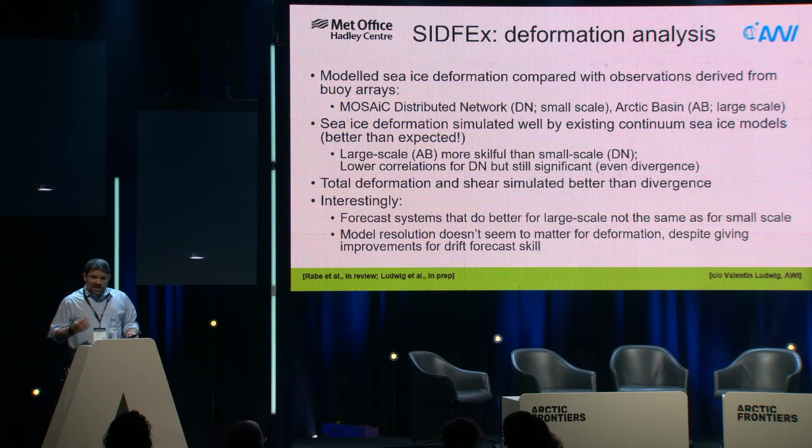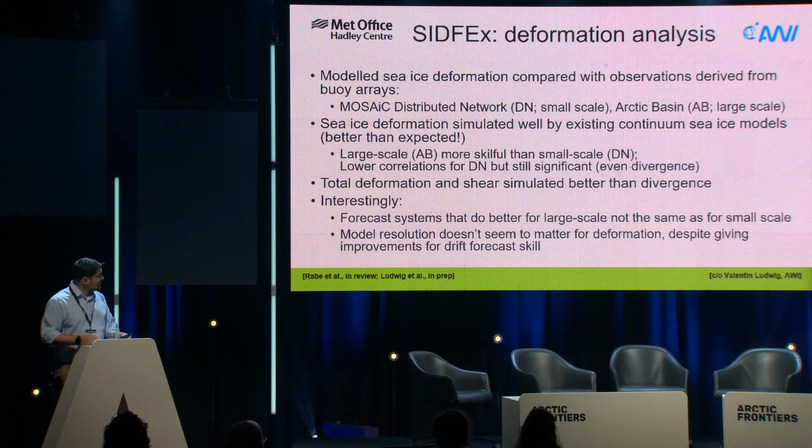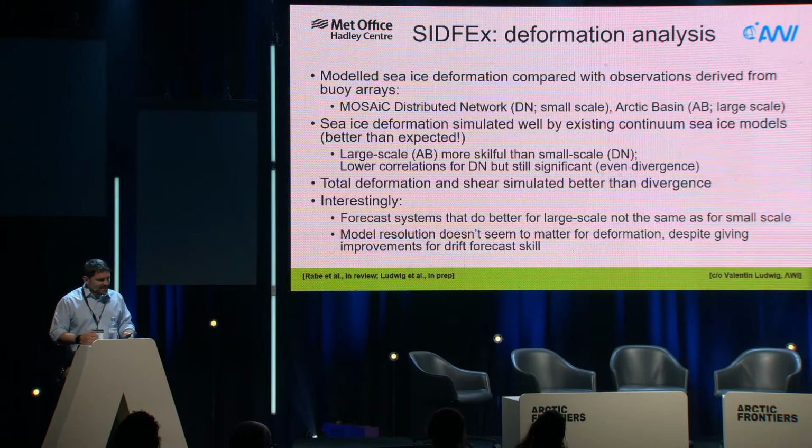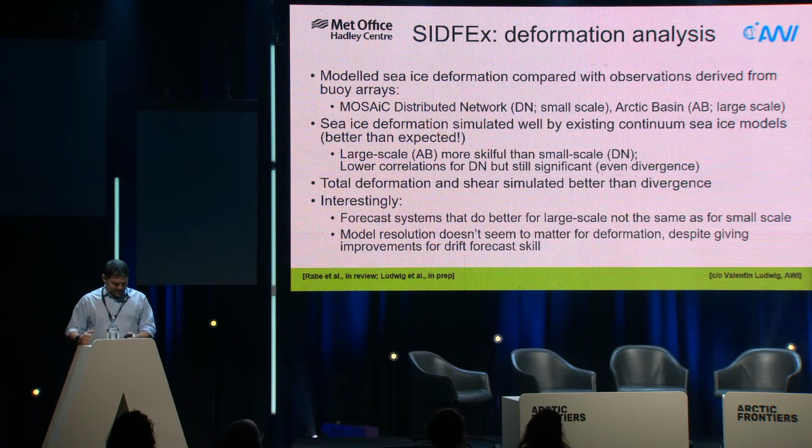But even at the small scale, we have significant correlations, and the model is promising in the representation of small scale deformation. And then just to recap, I'm quite interested in the fact that the forecast models that do better for large scale and small scale are quite different, and that the model resolution is not necessarily playing much of a role there.